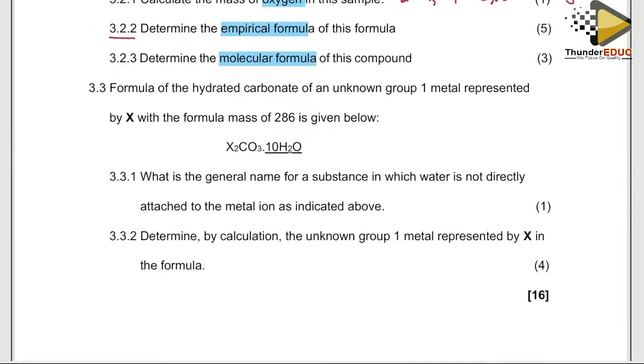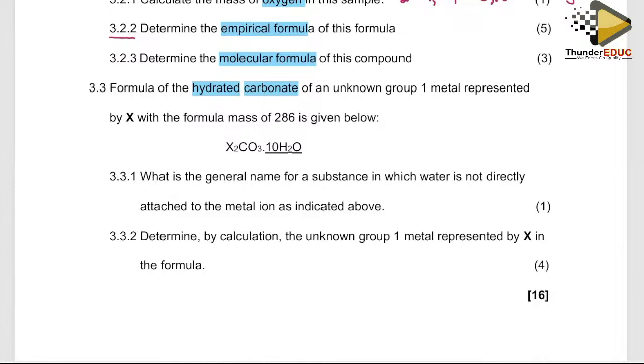Question 3.3 reads: the formula of the hydrated carbonate of an unknown group 1 metal, represented by X, with a formula mass of 286, is given below. So this is the formula that is given below.